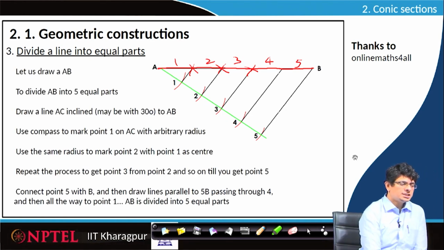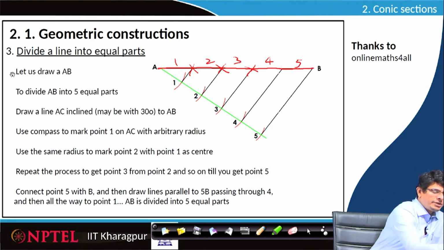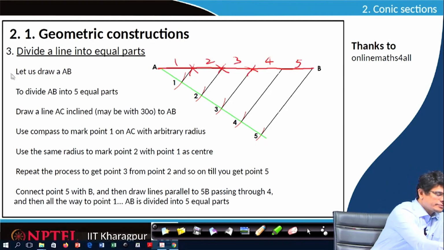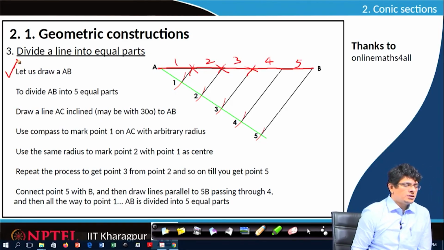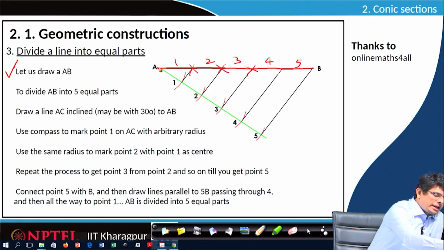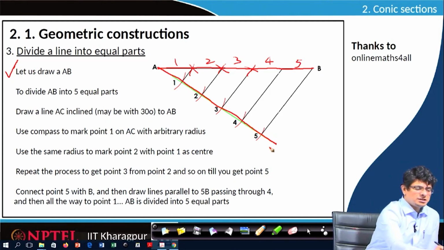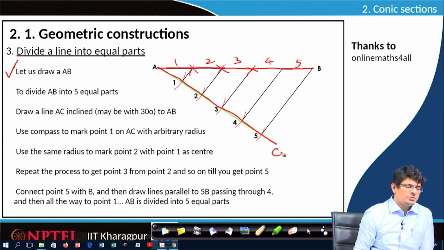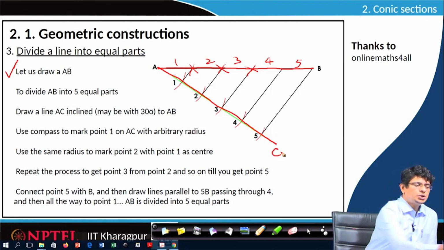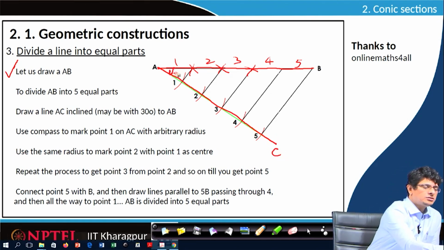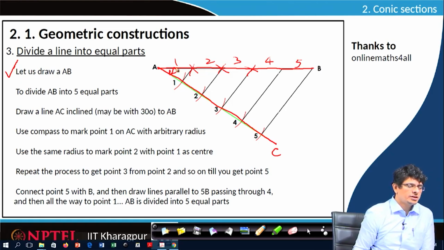the procedure is, after drawing line AB, draw an inclined line AC. This is the line, perhaps at an acute angle like 30 degrees, 40 degrees and so on to AB.